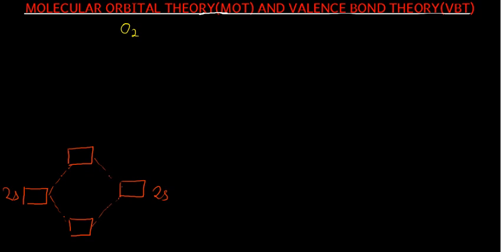Okay, and then we go to the 2p. Remember, p has 3 orbitals. So we have them here, and also from the other oxygen. Remember, both oxygens are coming together. Even the other one I've drawn on that side is a 2p.